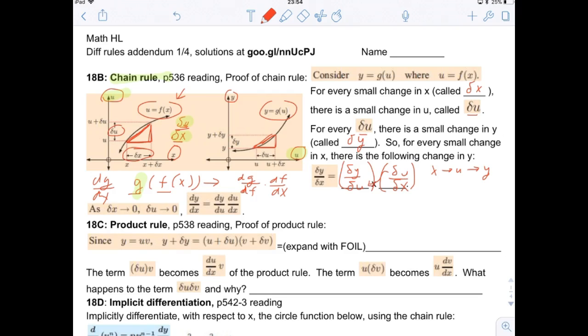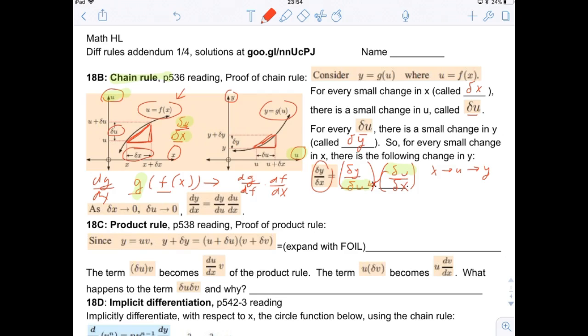So you see how one multiplies the other. You can look at this as a fraction, and they kind of cancel each other out. As a result, it's equivalent to delta y divided by delta x, right?